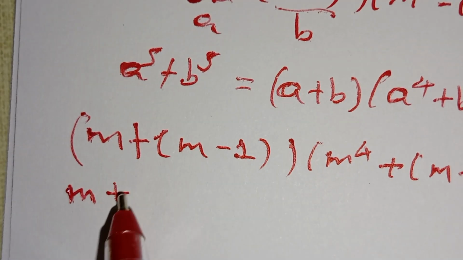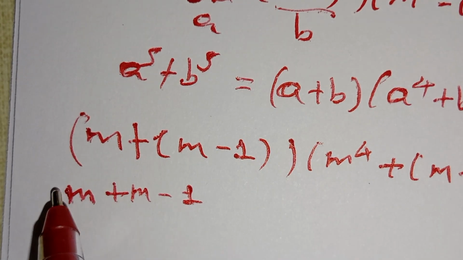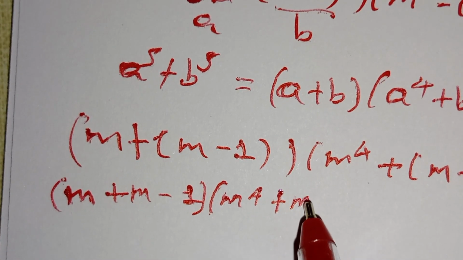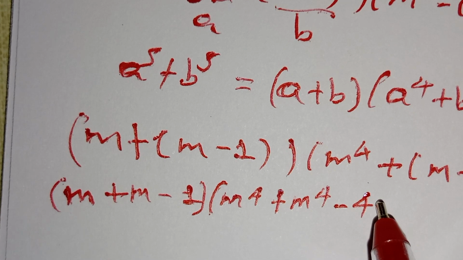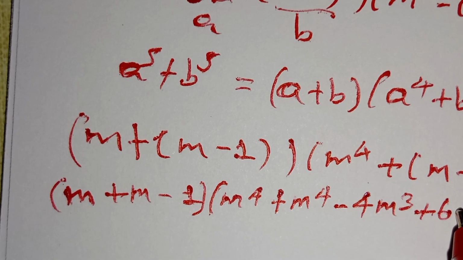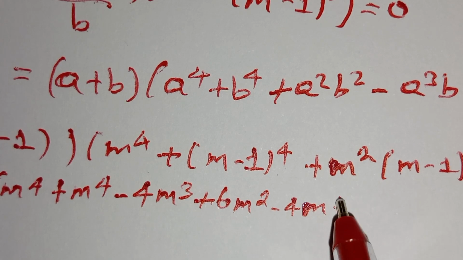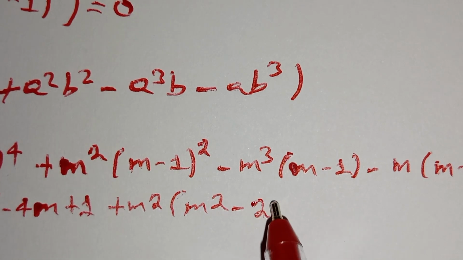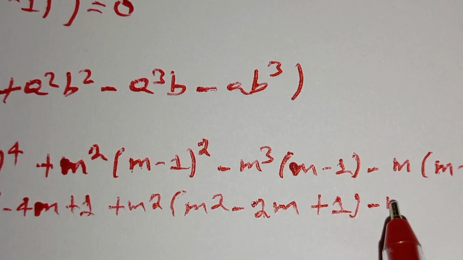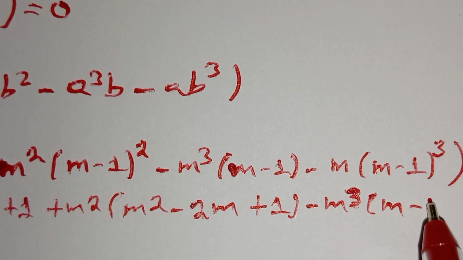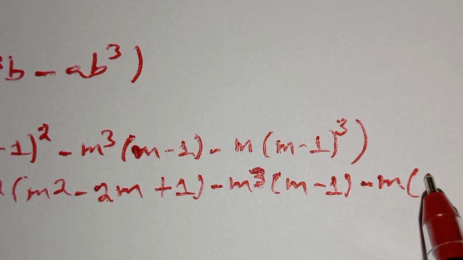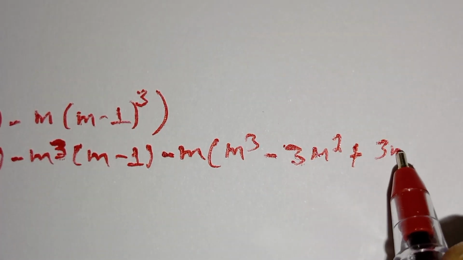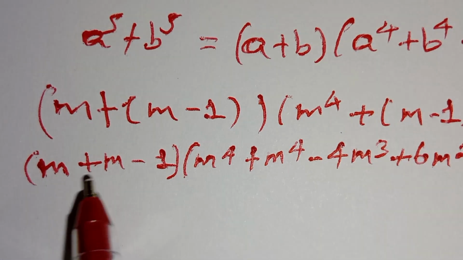M plus m minus 1, these parts, into m4 plus m4 minus 4m cubed plus 6m square minus 4m plus 1 plus m square into m square minus 2m plus 1 minus m cubed into m minus 1 minus m into m cubed minus 3m square plus 3m minus 1.